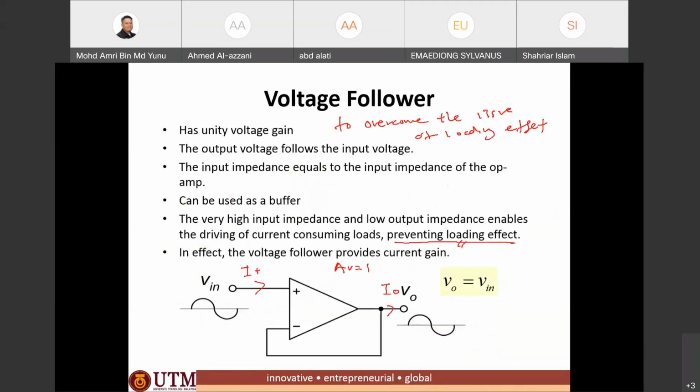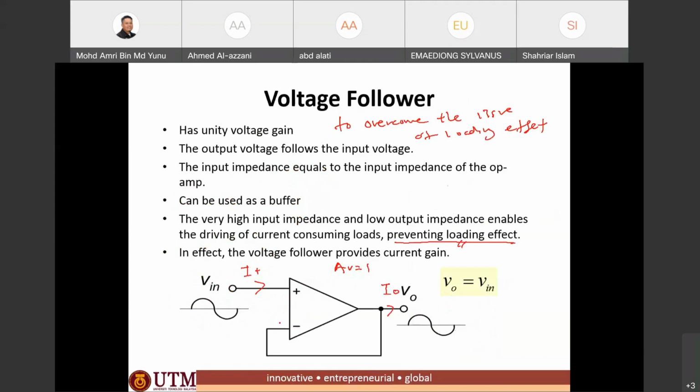Next, the voltage follower has a unity gain, or AV is equivalent to 1. The output V out will be equivalent to V in.